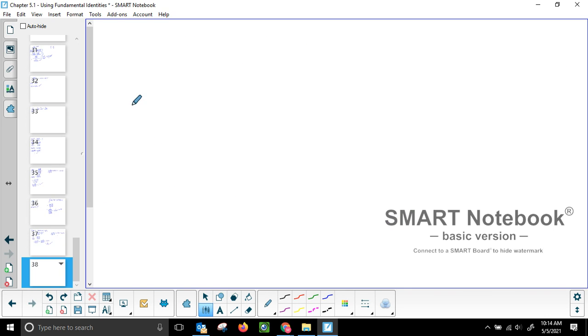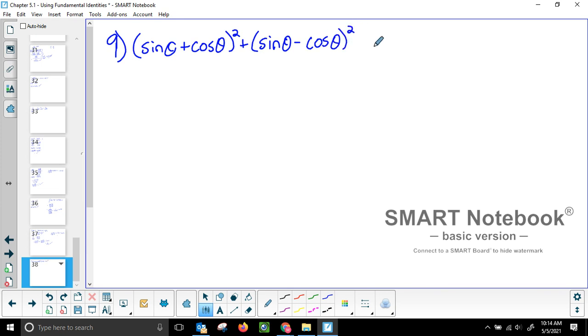All right, let's flip around and look at 9. So we have the quantity sine theta plus cosine theta squared plus the quantity sine theta minus cosine theta squared, and that is supposed to equal 2. Well, whenever we square something, that's really just multiplying it by itself.